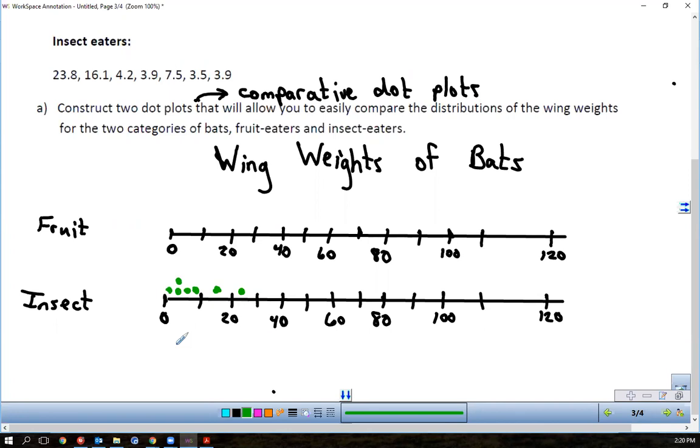Okay, so for the fruit eaters, like I said, I'm going to try and put the dots in there. 5 in between here. Try to squeeze 5 in there.